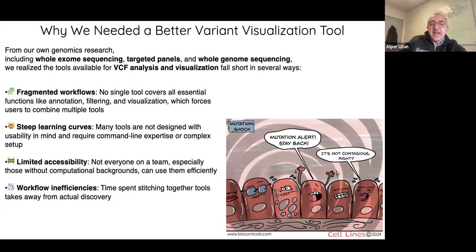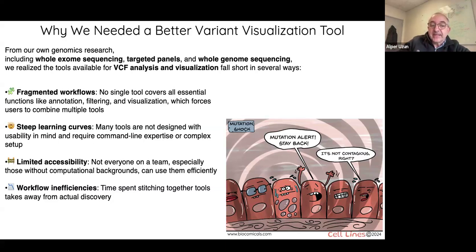For example, they have fragmented workflows. There's no single tool that covers all essential functions like annotation, filtering, and visualization, so bioinformaticians in the lab need to combine multiple tools. Or if you don't have a bioinformatician or programming person, you depend on whatever exists for your own needs.